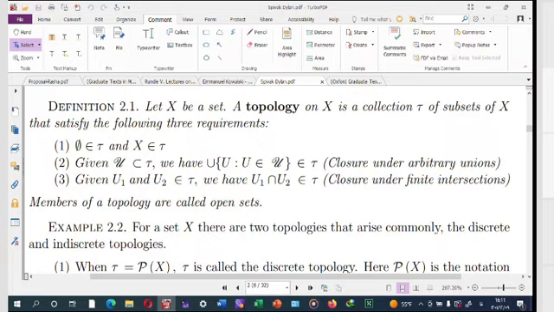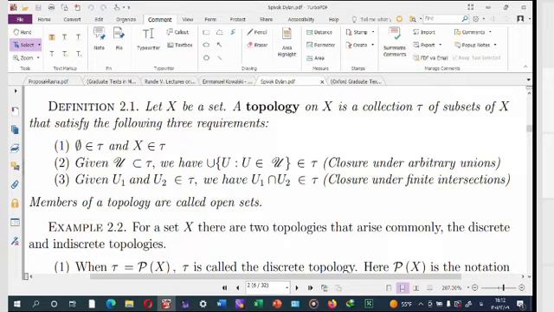2. Given any family of elements in tau, the union of this family must belong to tau, or tau must be closed under arbitrary union. Closure under arbitrary union. The union of any elements of tau must belong to tau.